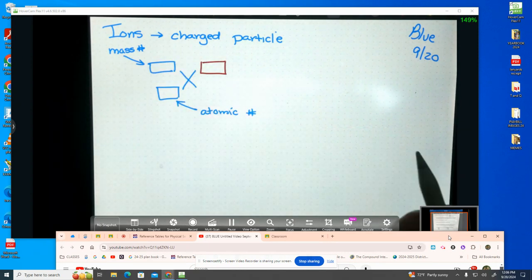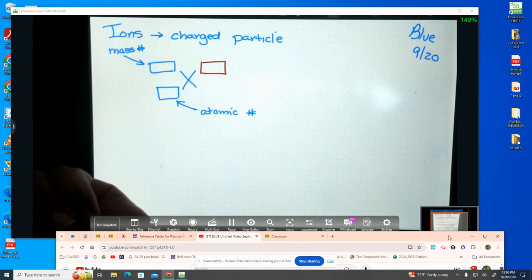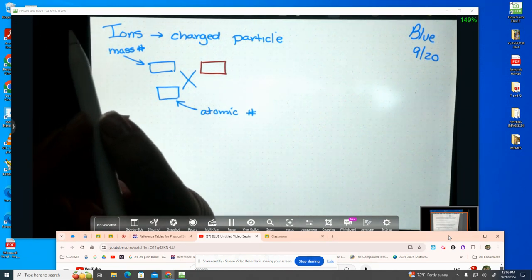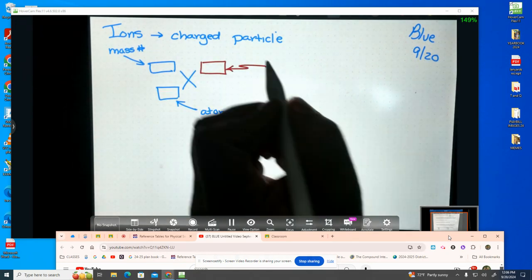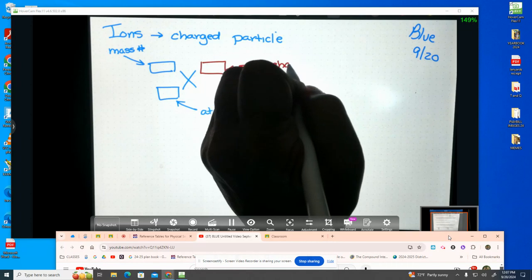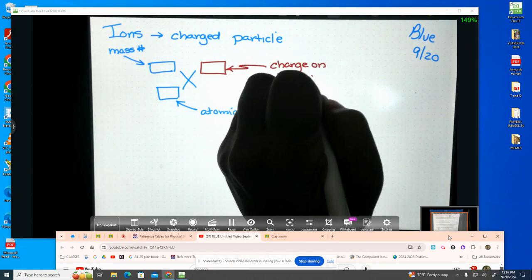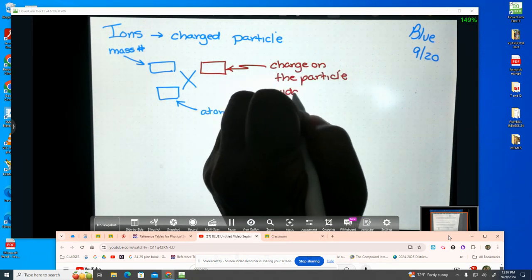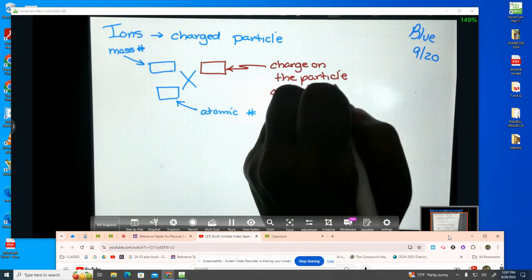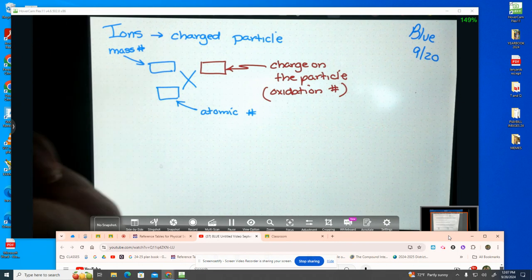We're running out of corners to put numbers in. This right here is the charge on the particle. Sometimes it is called an oxidation number. Put that in parentheses, because sometimes you'll see it called an oxidation number. But I'm going to call it the charge.